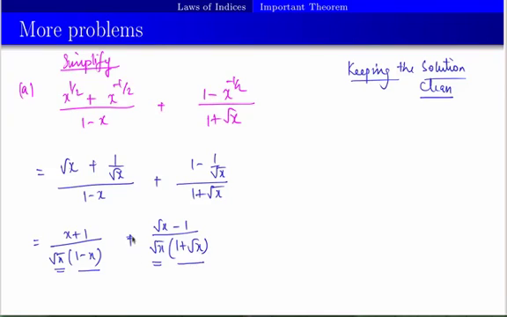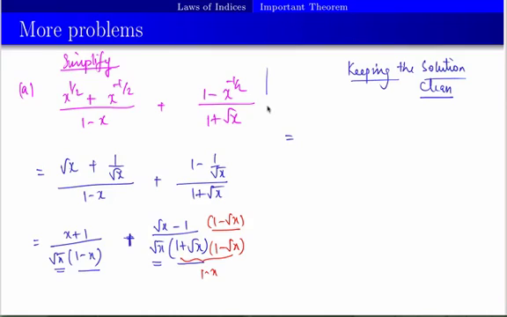So if I want to add two ratios, then what is the rule of thumb? Denominator should be same. So in order to make the denominator same, I see that 1 plus root x when multiplied by 1 minus root x above and below will get me 1 minus x here. This will become 1 minus x. So that will be my next step.